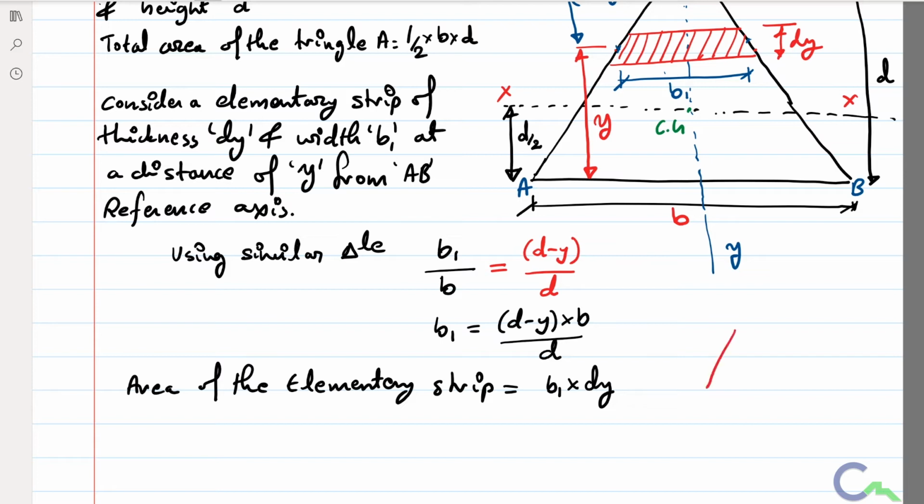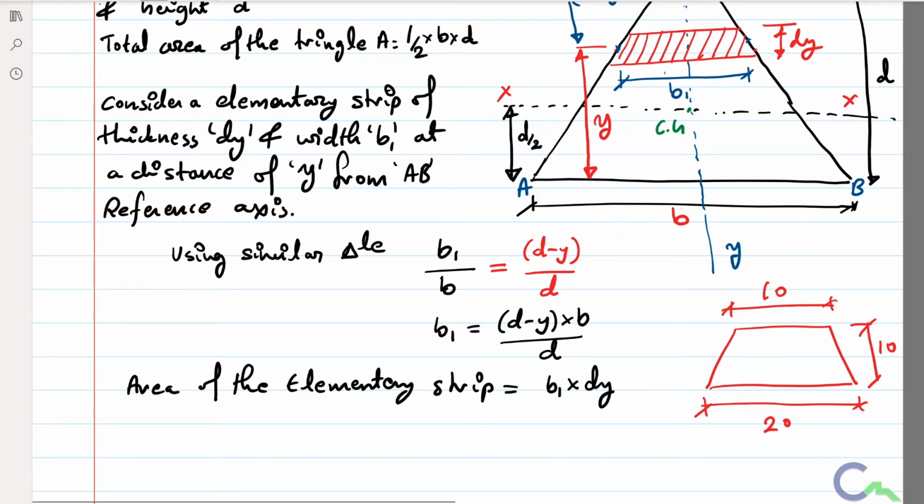If I have any trapezoid like this, suppose this is 20, and this is 10, and the height is maybe 5 mm, then to find the area, 20 plus 10 divided by 2 into 5.